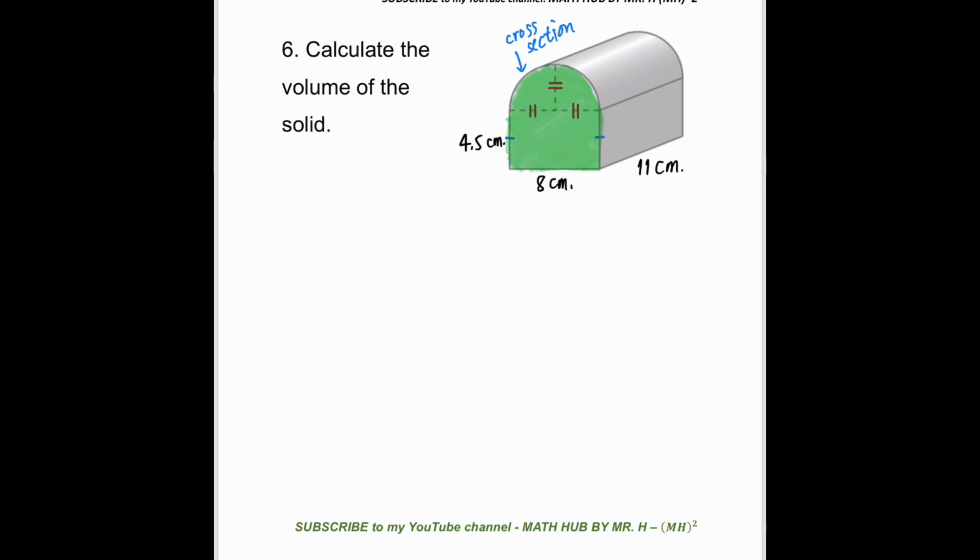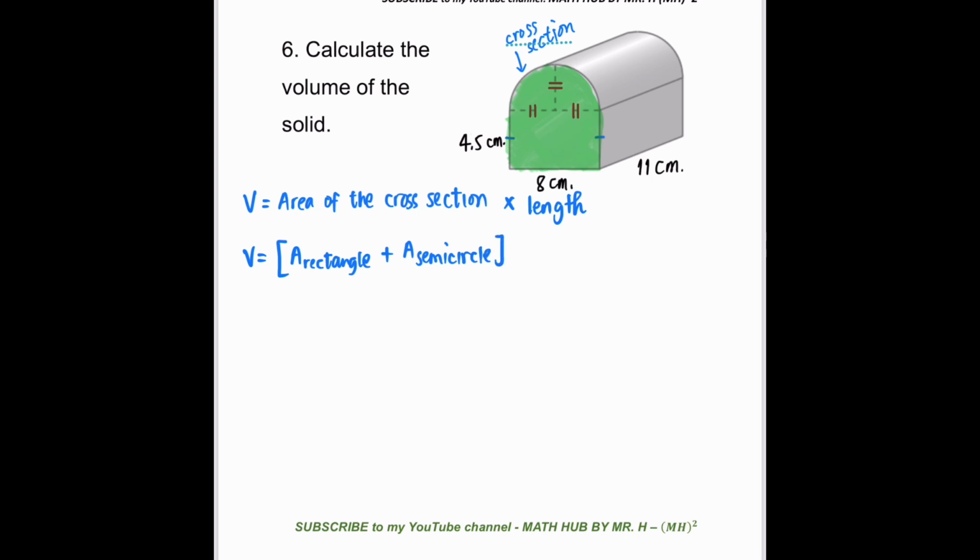All right, so let's solve for it. And again, the area of the cross section. The cross section is composed of two 2D shapes, right? So we have the area of the rectangle plus the area of the semicircle, times the length.